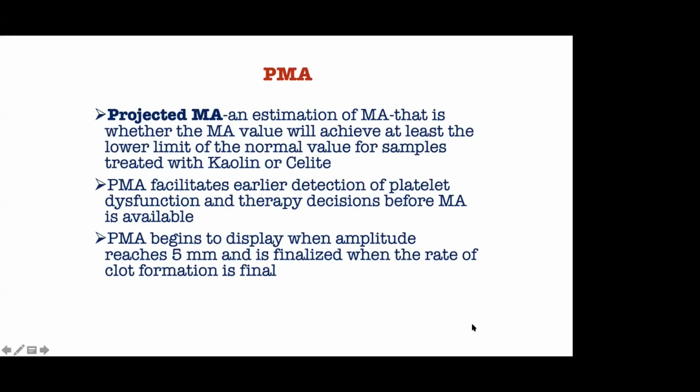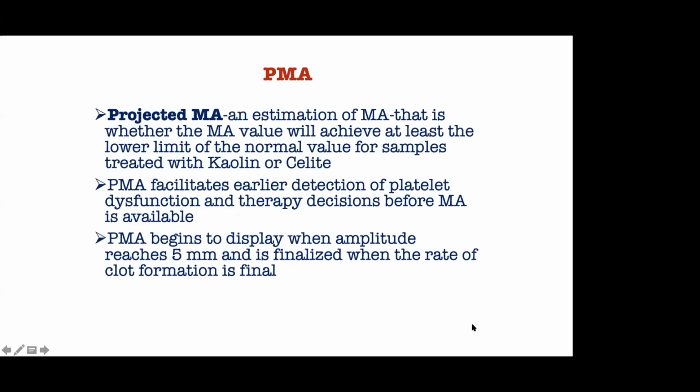PMA is another parameter that is not commonly used, but it gives you an early indication of how the clot is. Projected MA is an estimation of whether the MA value will achieve at least the lower limit of the normal value of the sample treated with kaolin or celite.